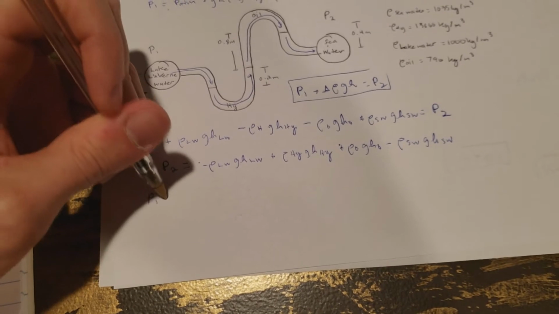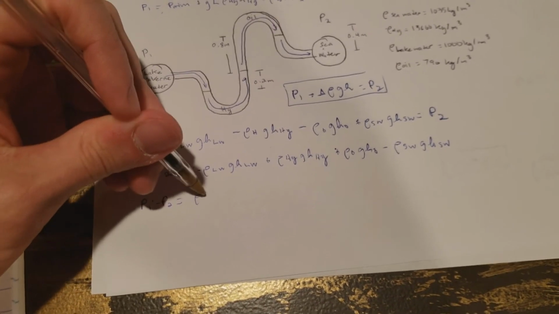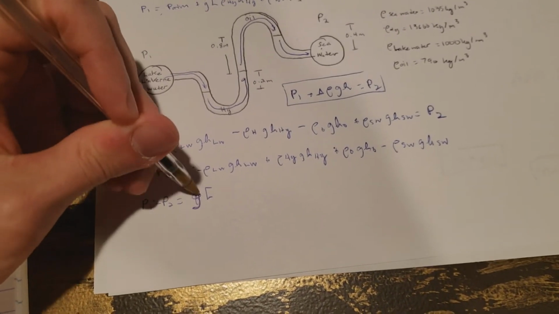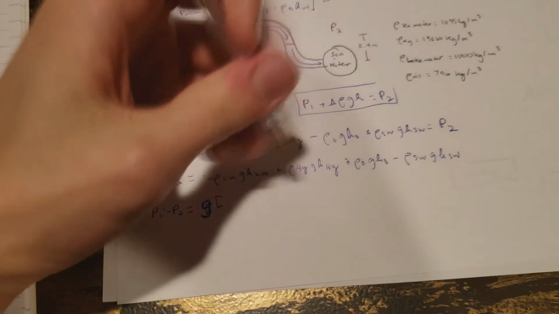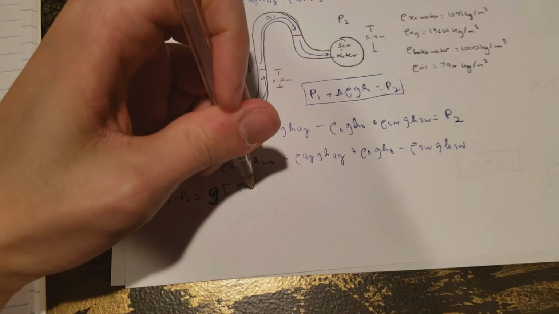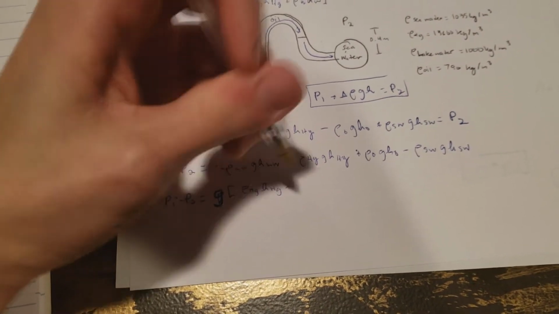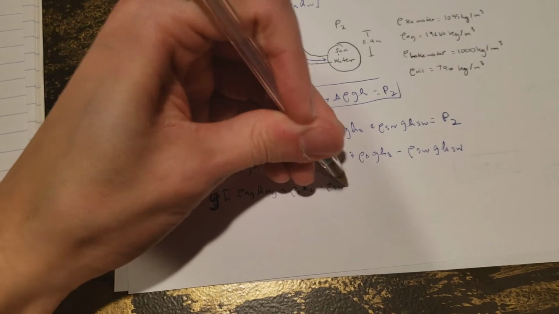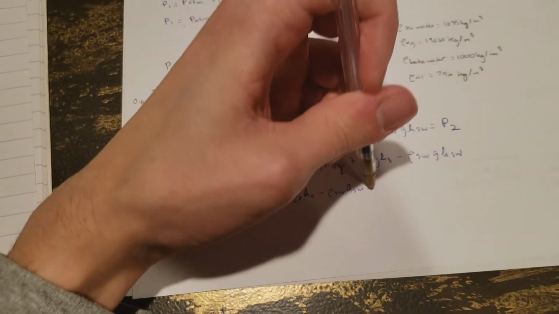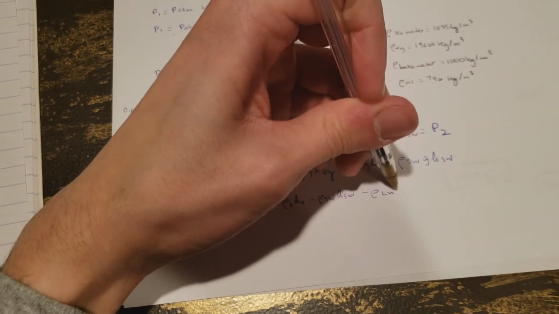And then what we can do is substitute out the gravity. Oh, I apologize. There's a gravity right there. It's pretty bad. And now we have our mercury, oil, seawater, and our lake water.